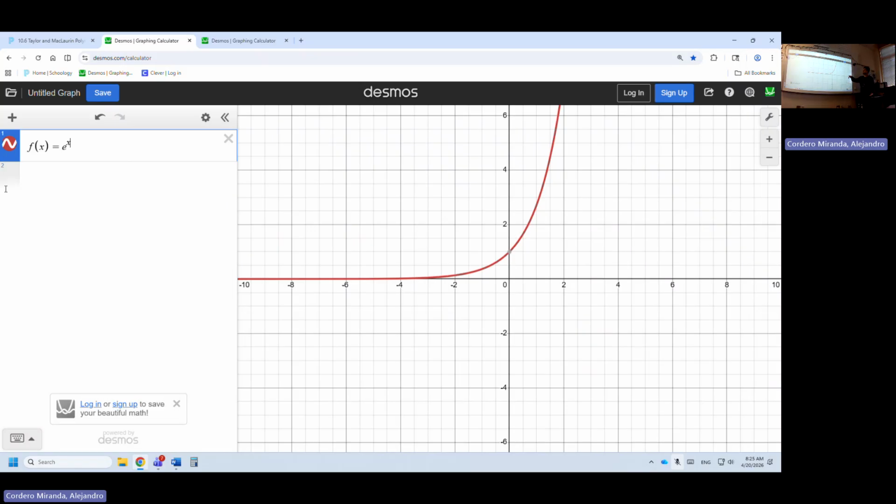But let's say I wanted to approximate this red function with a polynomial function. One thing I could do, if I want it to be really, really simple, is I could just make sure that the function I'm using to approximate matches the value of this red function at a specific point.